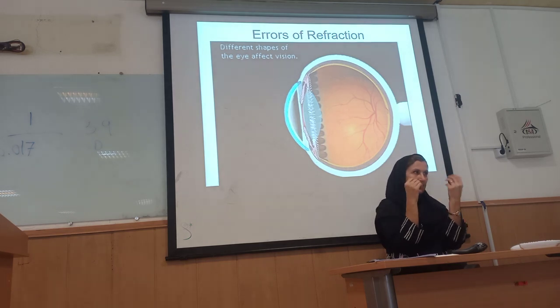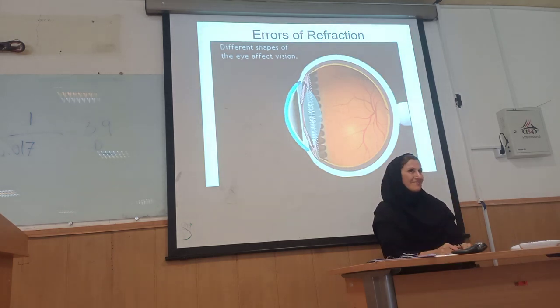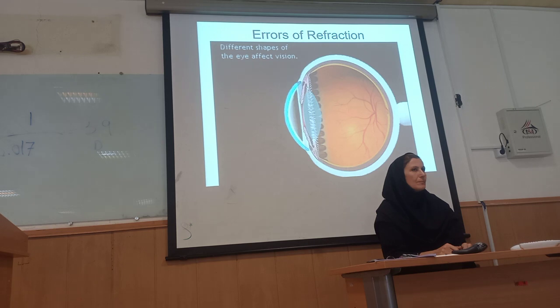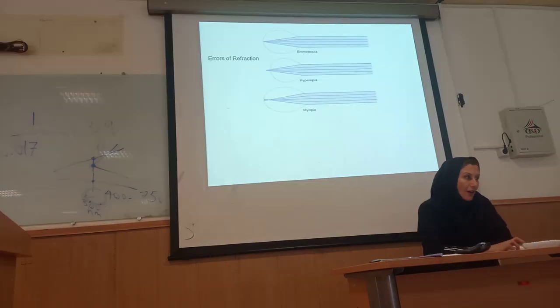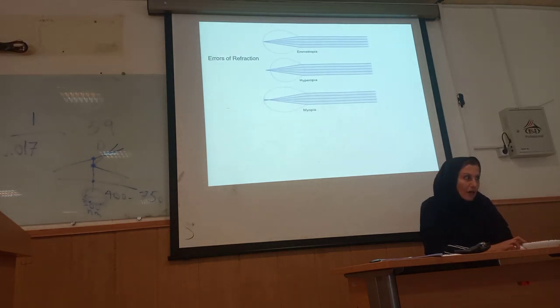No, something is wrong in the refraction. They are different. Maybe reflection and bending are the same thing. Reflection of the light: if the light focuses behind the retina, it is called hyperopia, and if the focusing and gathering of light rays is in front of the retina, it is called myopia.